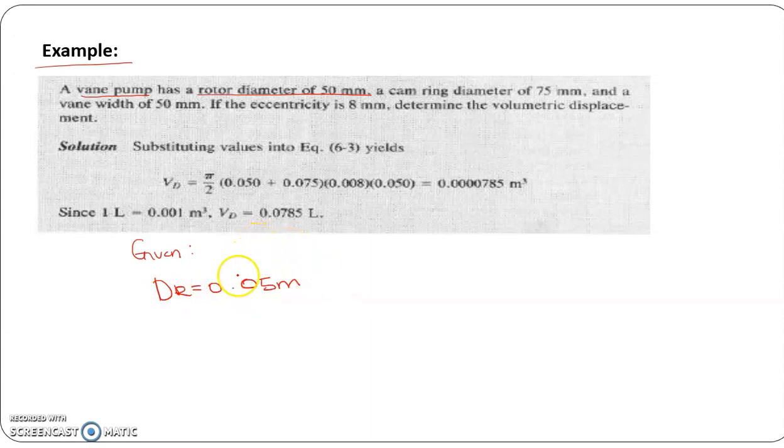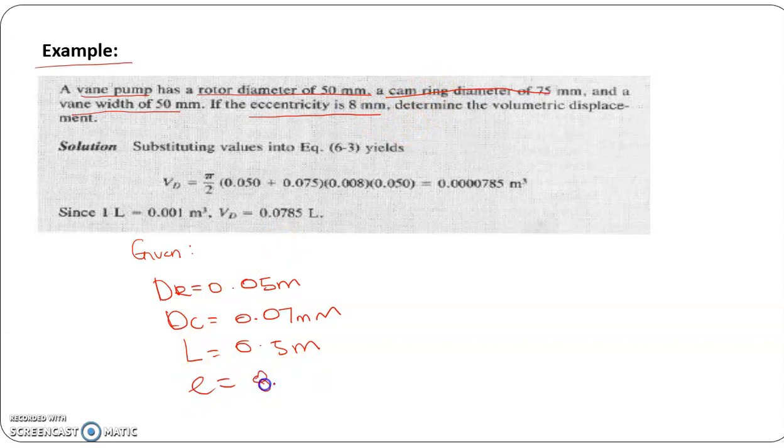Everything you need to convert into meter. And the next is a cam ring diameter. So DC is 0.05 meter, and a vane width of 50 millimeter. So L is 0.05 meter. If the eccentricity is 8 mm, so E equals 8.